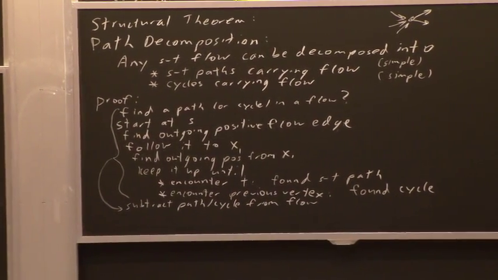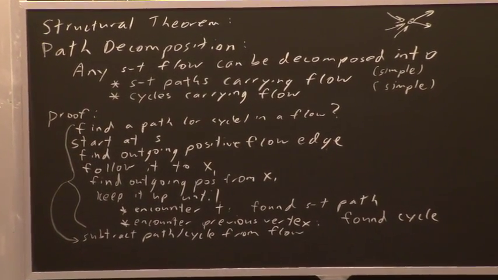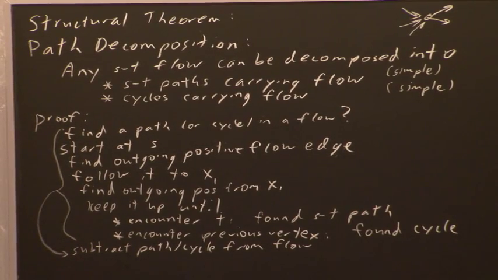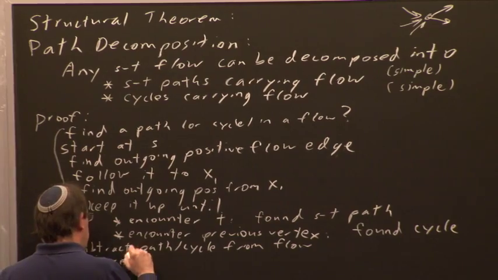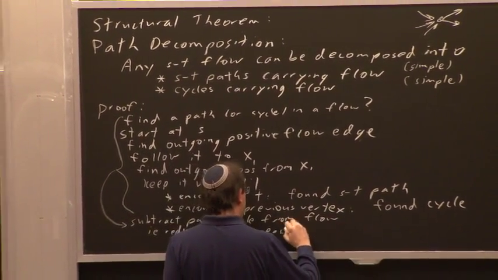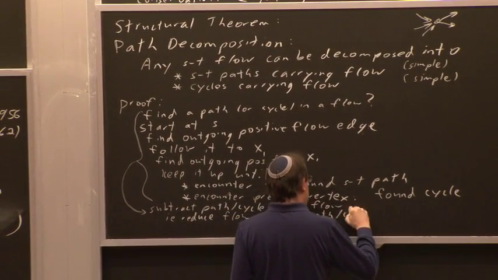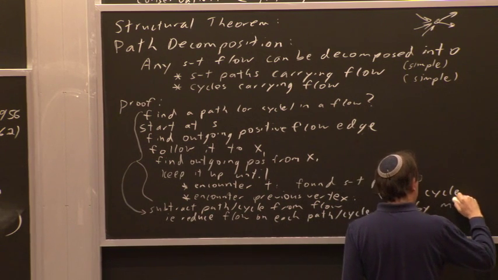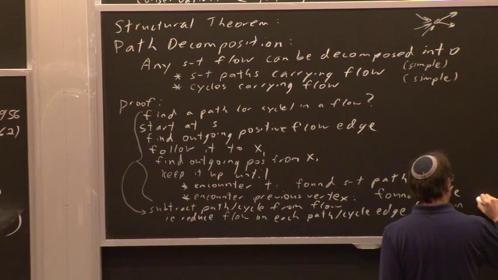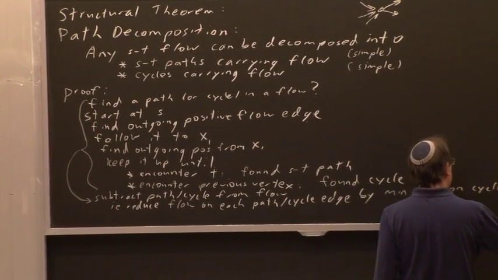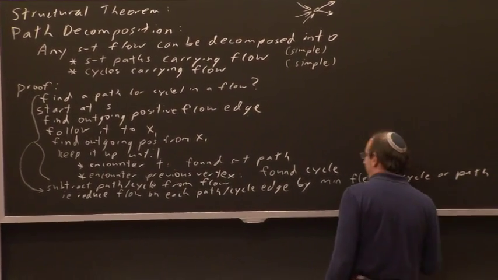I know how to subtract numbers, and I need to understand what it means to subtract a path. So from every edge, we can remove the minimum edge of the path. Great. So what that means is we reduce the flow on each path or cycle edge by the minimum value of f of e on the cycle or the path.